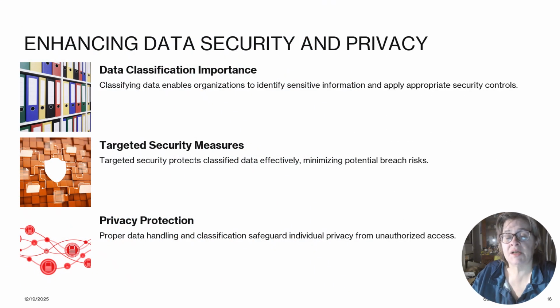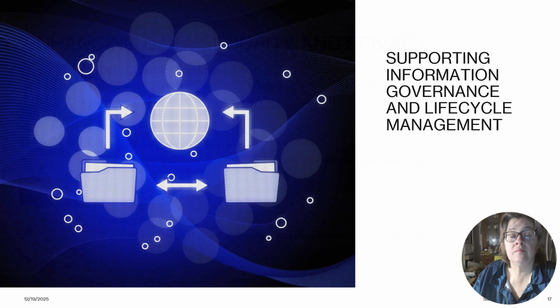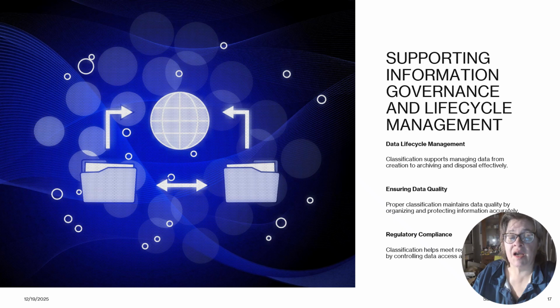By classifying data, organisations can implement targeted security measures, reduce risk of data breaches, and better protect individual privacy. Classification aids in managing data through its life cycle, from creation to archiving or disposal, ensuring data quality and regulatory compliance.